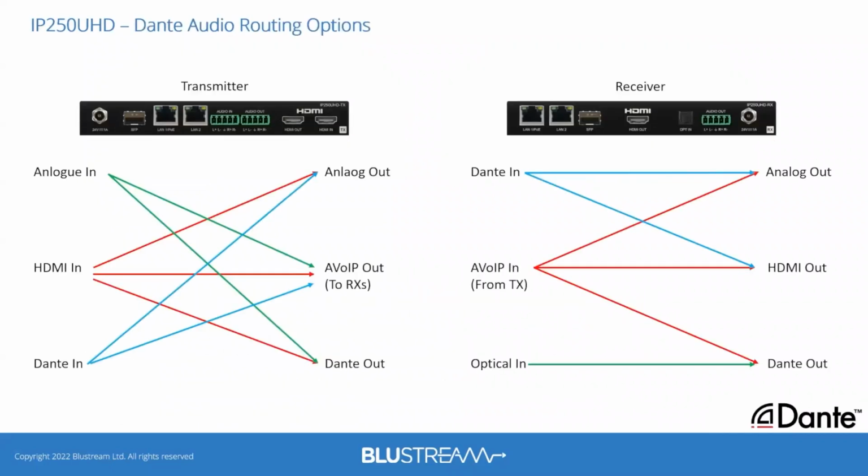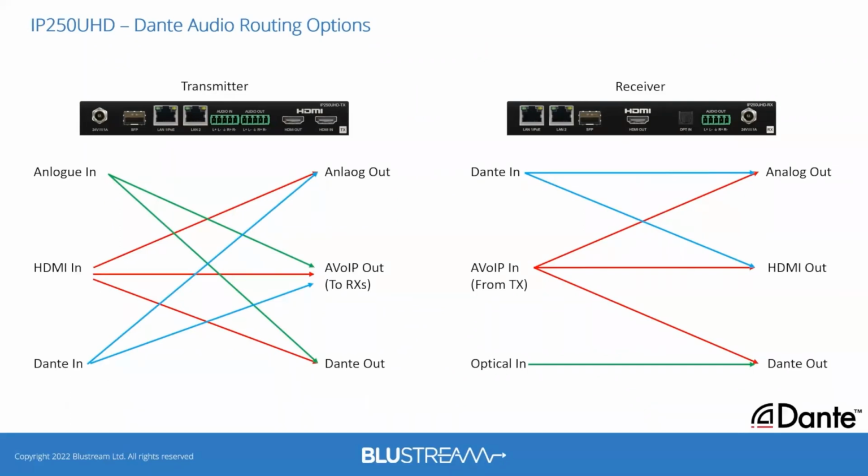In the IP250 UHD, Dante is fully unlocked with both the transmitter and receiver able to both send and receive 2 channels of Dante simultaneously. And because of this, there are multiple paths that we can take with how and where we want to deploy Dante.